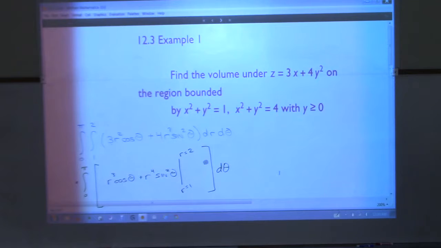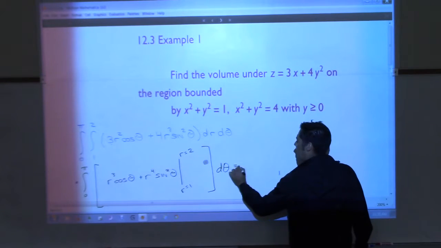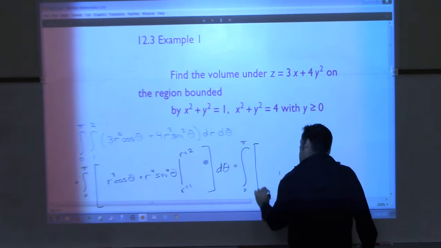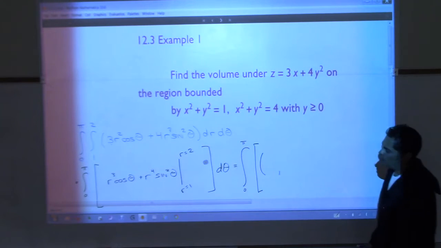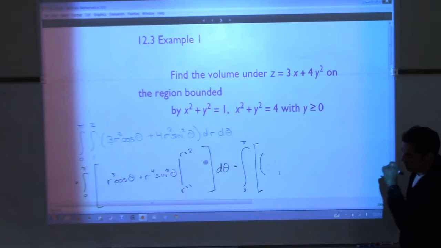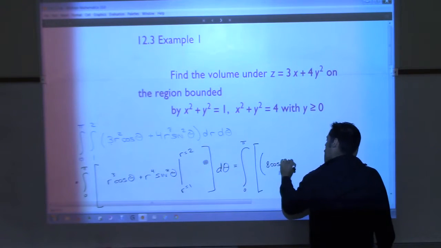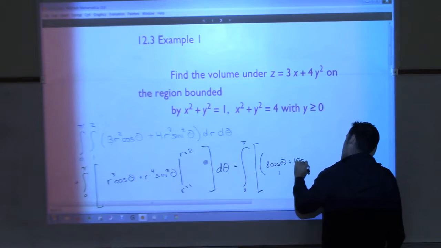So if we plug in 2, here's my integral, 0 to pi. I'm going to plug in 2 first. So what do I get when I plug in 2 for r? 8 cosine theta plus 16 sine squared theta.